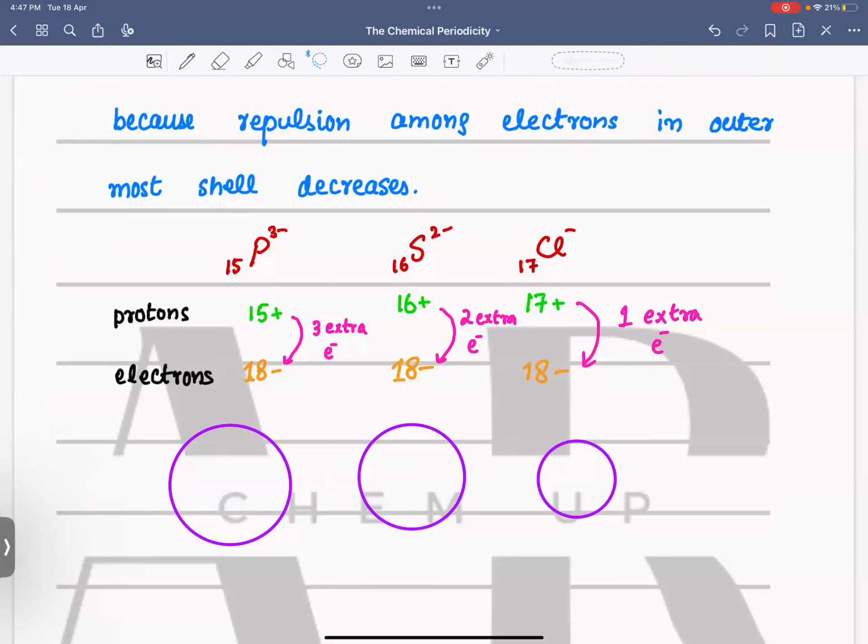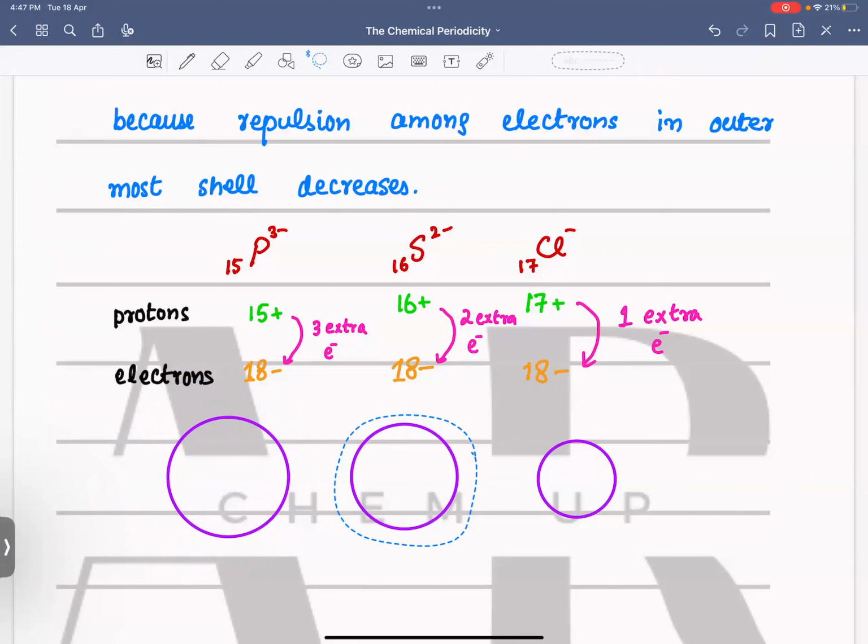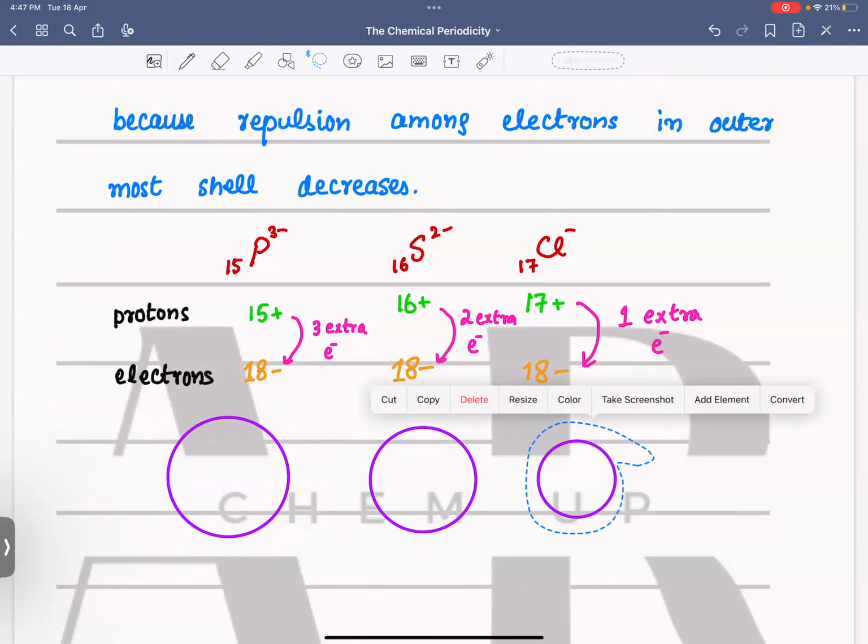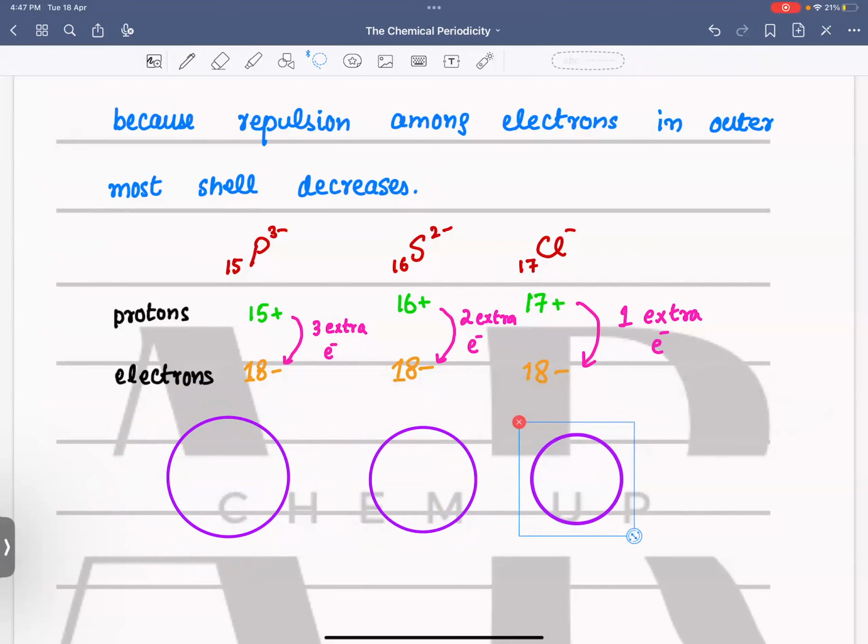So we have to keep one more thing in our mind, that see, it is actually smaller than the first one, and it is also smaller than the next one.